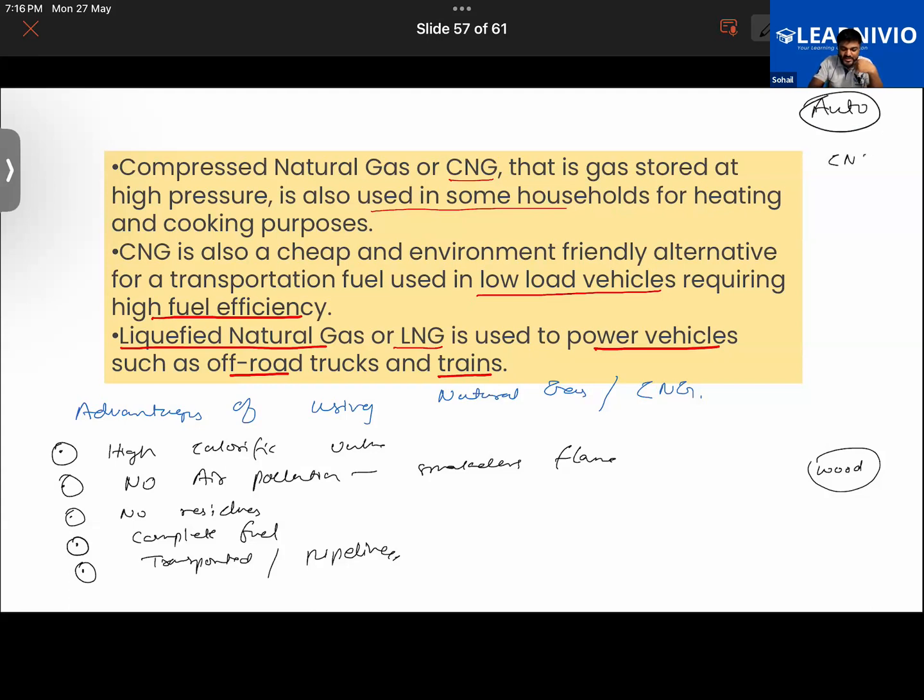There would be CNG written on the auto. It is used in cars, even in buses, because in order to reduce air pollution, we are using it as a fuel.